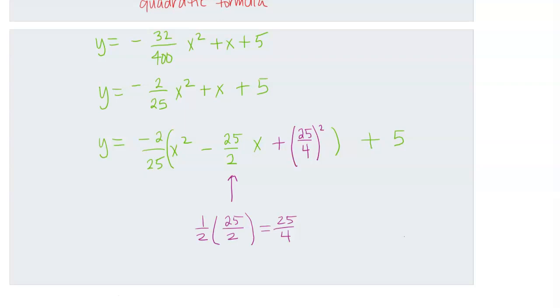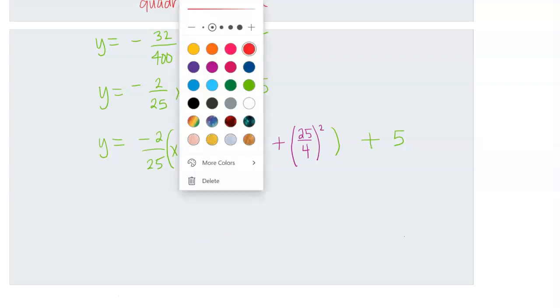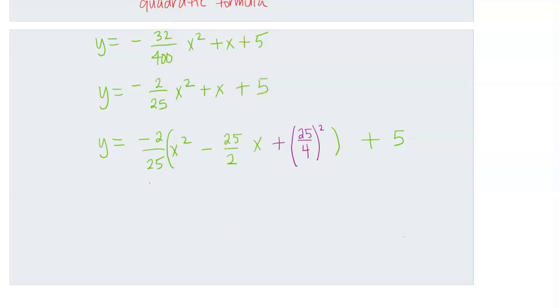Again, we took half of the middle term, squared it, and added it in to get this perfect square inside the parentheses. But we can't just add a number in without balancing it out. So I've got to look at the overall effect of these two numbers multiplied together.